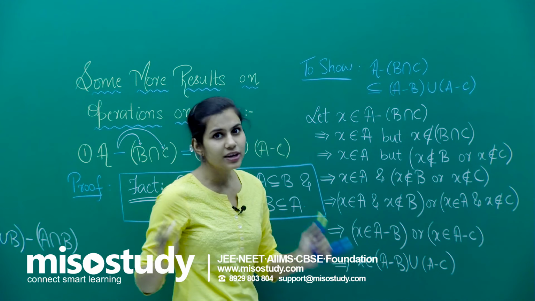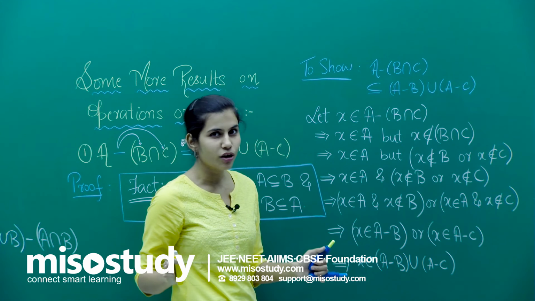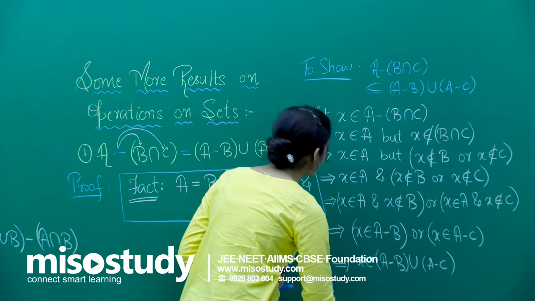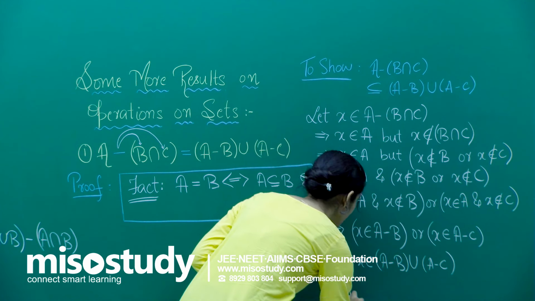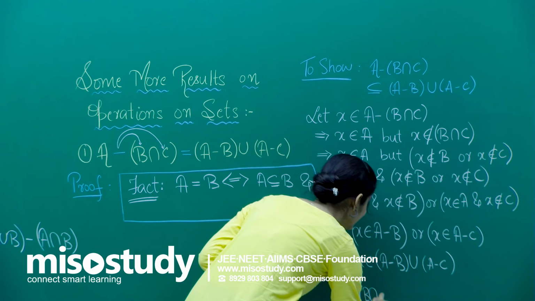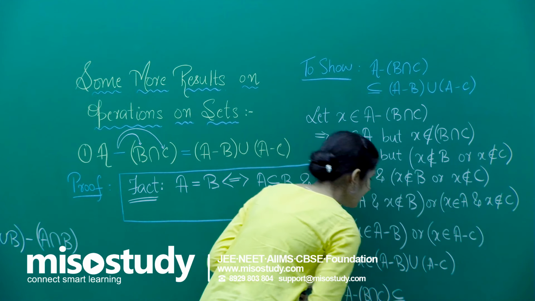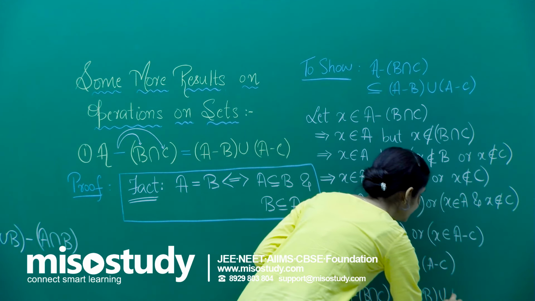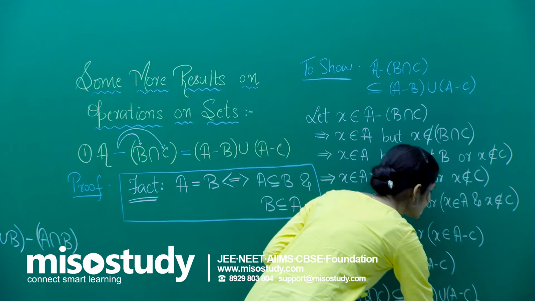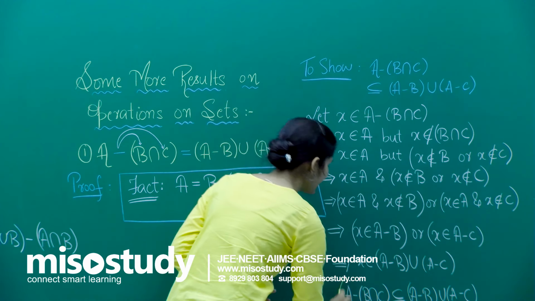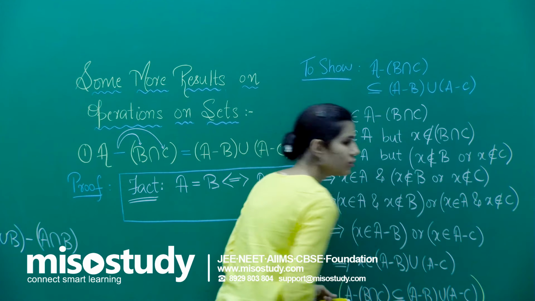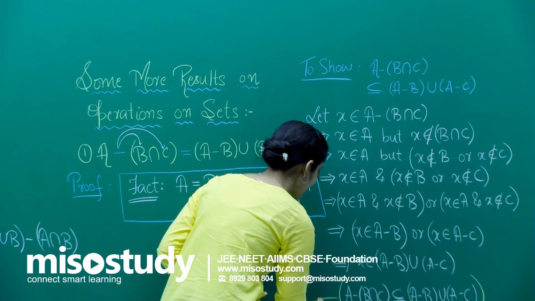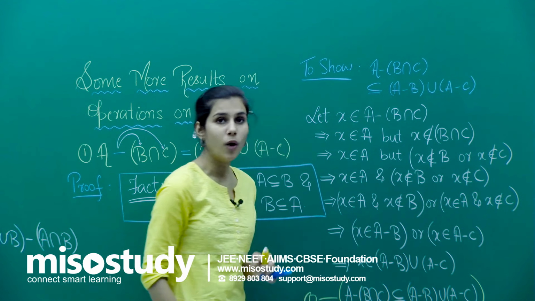This means every member of LHS is also belonging to RHS, and therefore my LHS, which is A minus B intersection C, is a subset of A minus B union A minus C. Once we have arrived at this conclusion, this is my equation number 1.